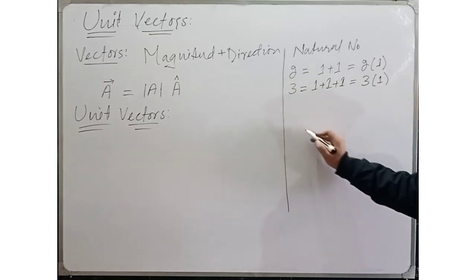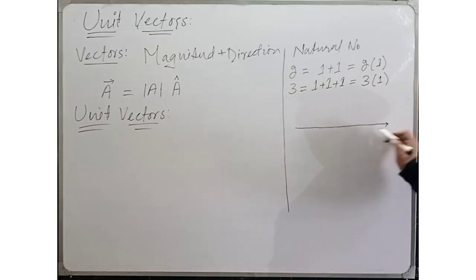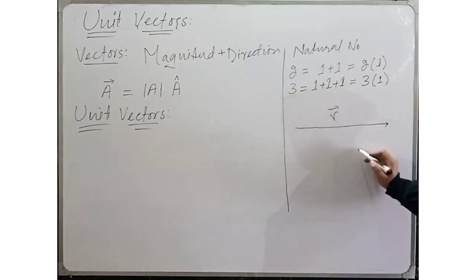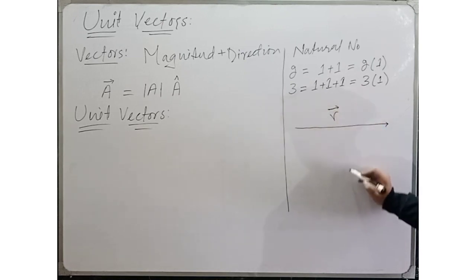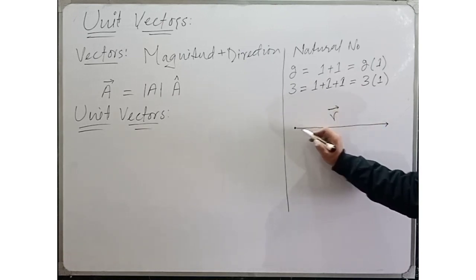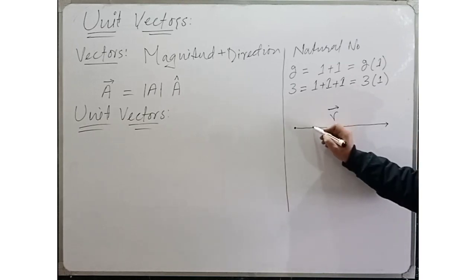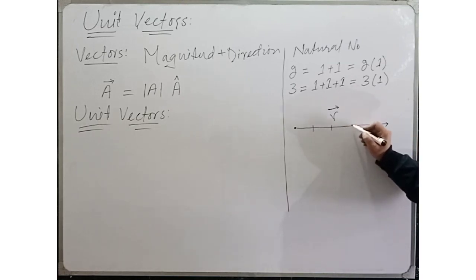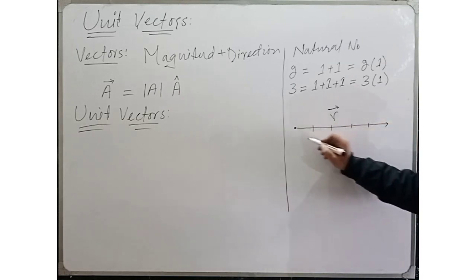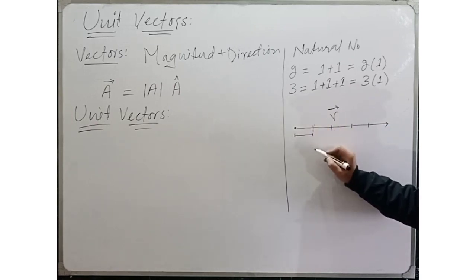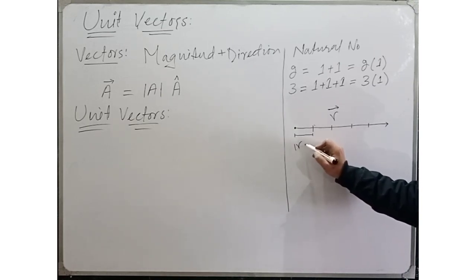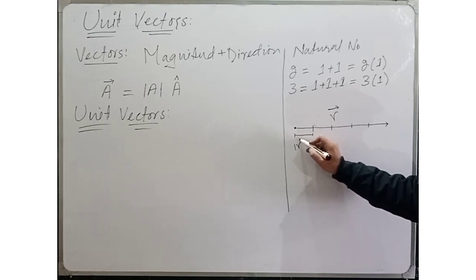In the same manner, if we have a vector, and let's call that vector R, and this vector R has a magnitude and a direction. Now if we break this vector into equal pieces in such a way that each small piece of that vector has unity magnitude, or one magnitude. Let us call this R prime.